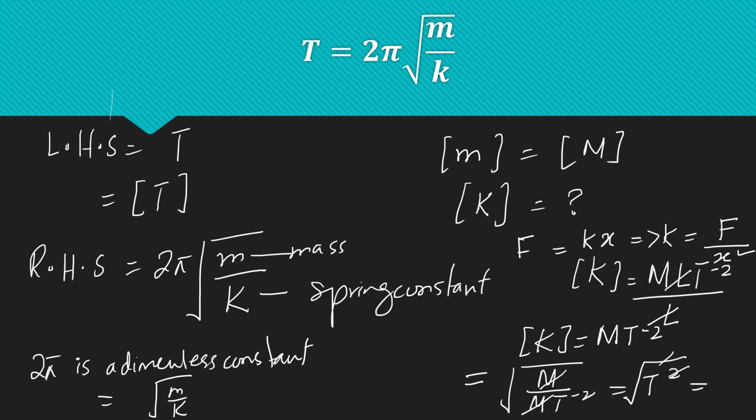Square and under root will cancel out, then it will become T. So the dimension on the right hand side is also T, and the dimension of the left hand side is also T. So this is the dimension on the left hand side, and this is the right hand side. So the homogeneity of this equation is also proved.